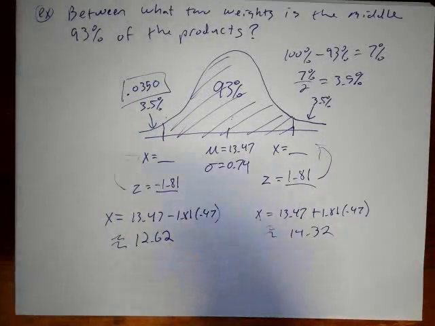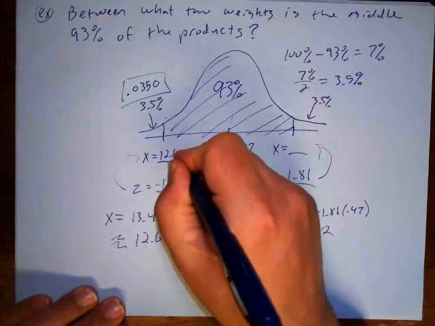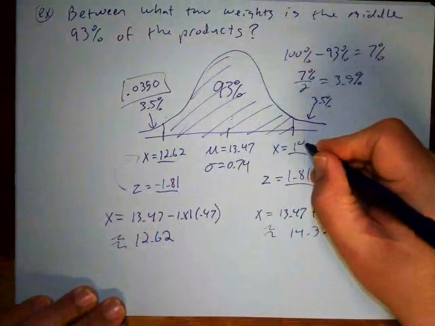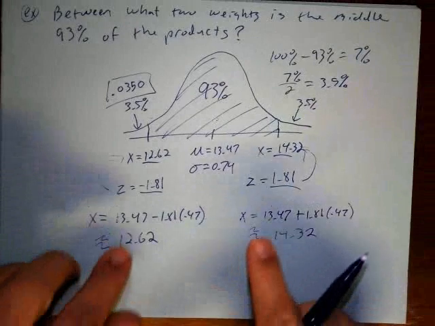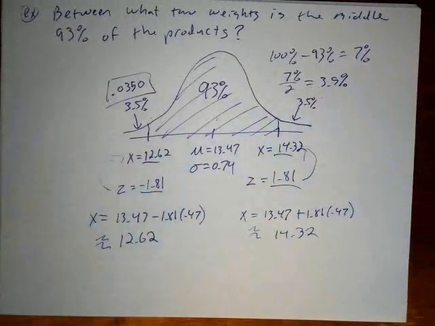And so that's these here, 12.62, 14.32. So it's between these two weights that you get the middle 93% of the products. So that is doing the normal distribution backwards.